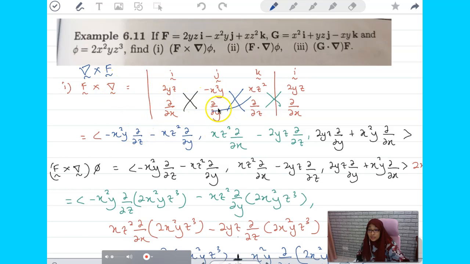So when you sort this, you have to make sure that, okay, I repeat, for the component i, negative x squared multiplied by del z, minus xz squared first multiplied by del y. You have to follow the sequence. That is because we have a vector here, so they are very sensitive to the location. Okay, so that is the thing that I want to highlight.